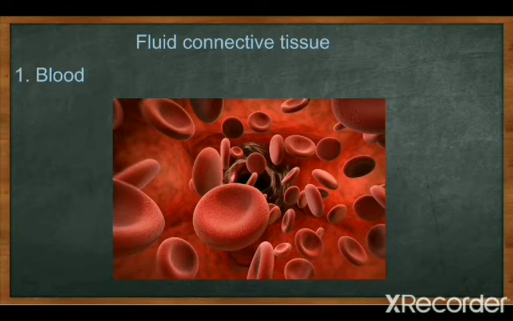It is about 8 to 10% of the total body weight of vertebrates. It is made up of two components, that is, one is plasma and the second one is blood corpuscles.